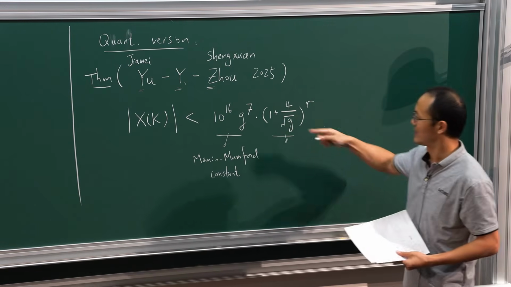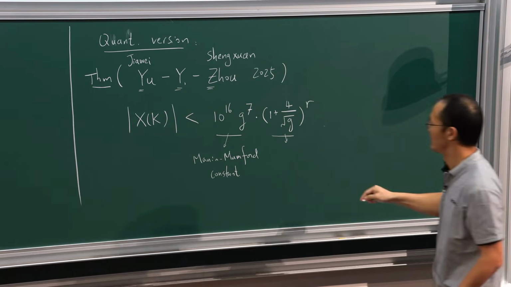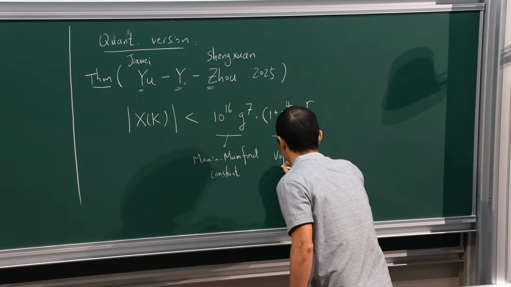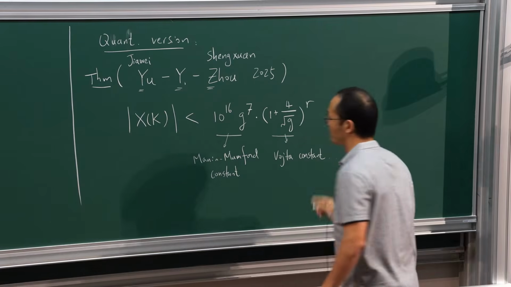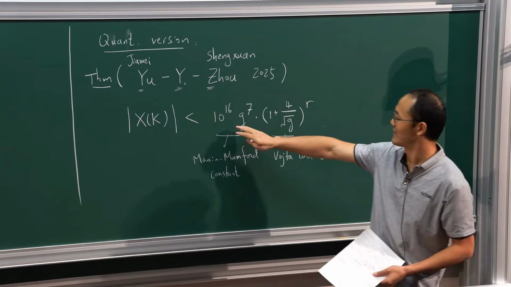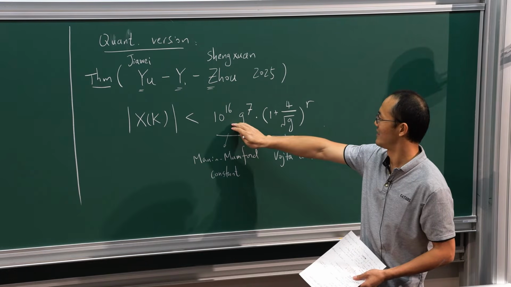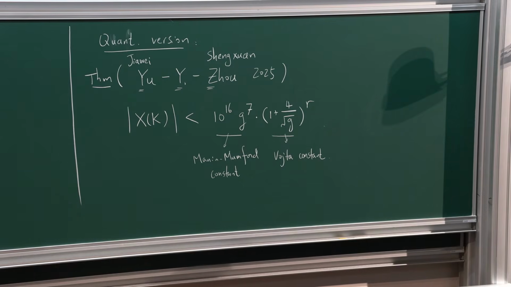And this exponential bound constant comes from Vojta's inequality, so we call it the Vojta constant. This constant looks very large, 10 to the 16, and of course it has room to improve.